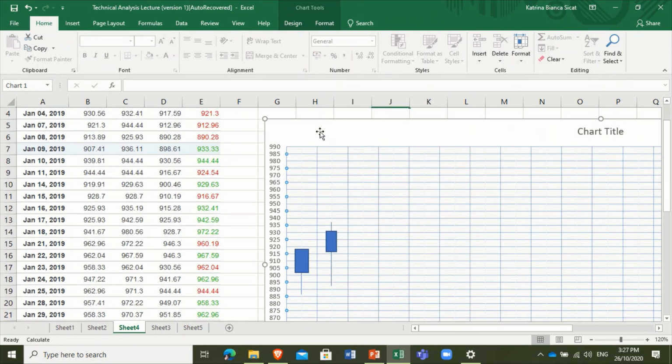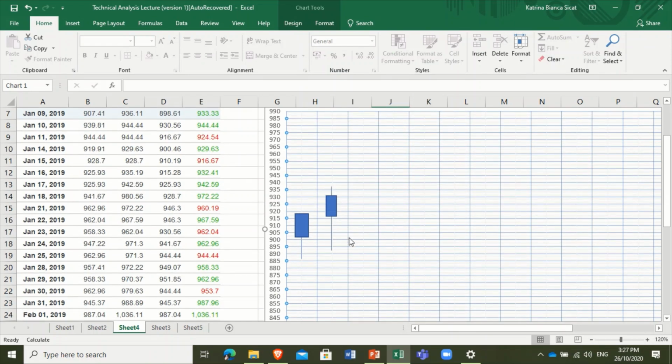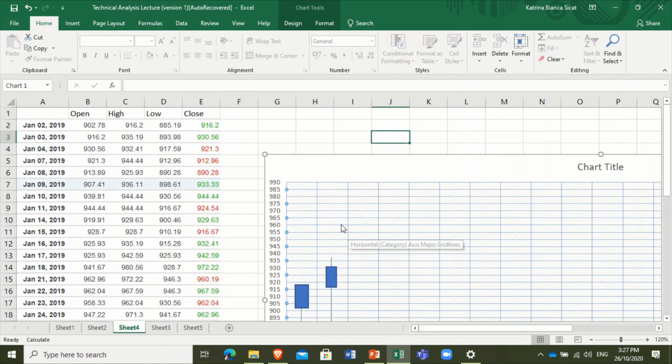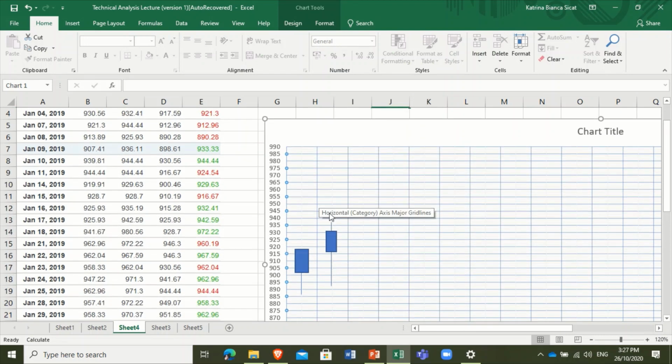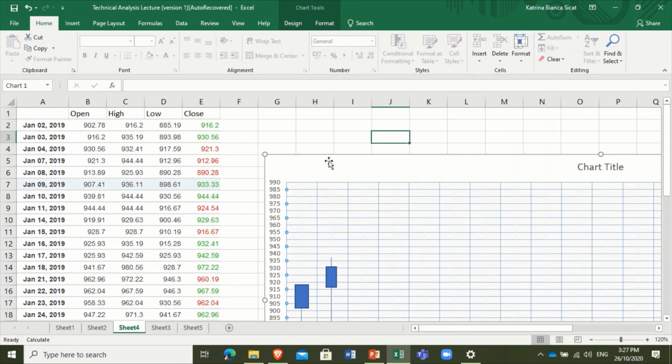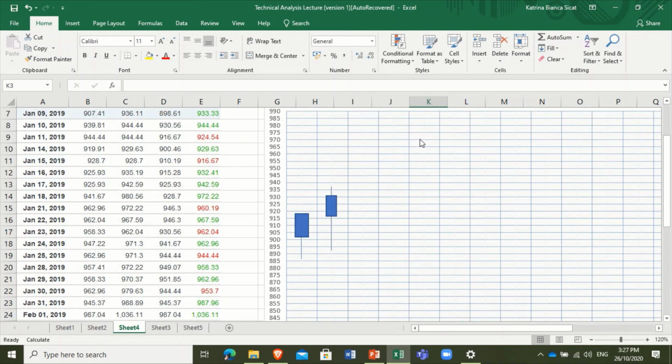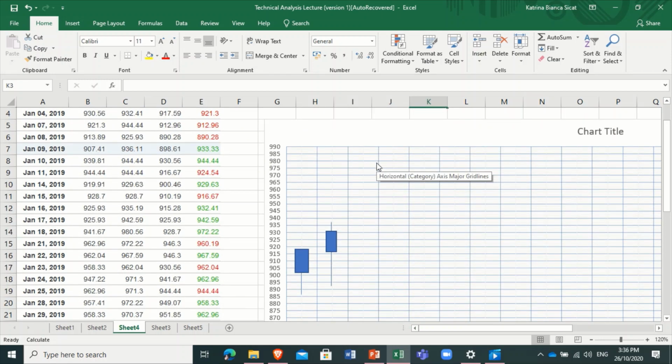ano ba tawag dito? Graphing paper. So for your next activity, you have to manually plot your candlestick using a graphing paper. So ganun lang kadali. Walang ka-hassle-hassle. Kayang-kaya. So whenever you are manually plotting your graph, please make sure that you're using the correct pen.